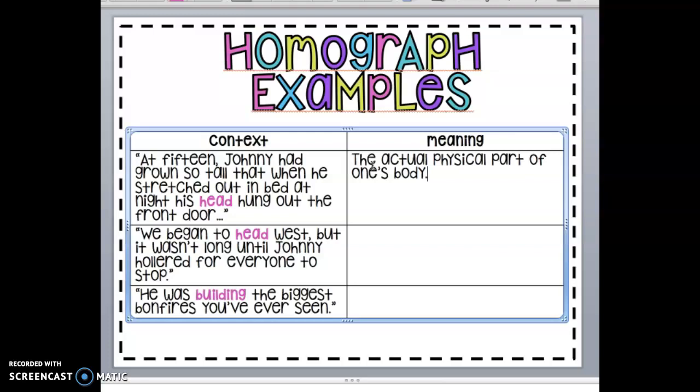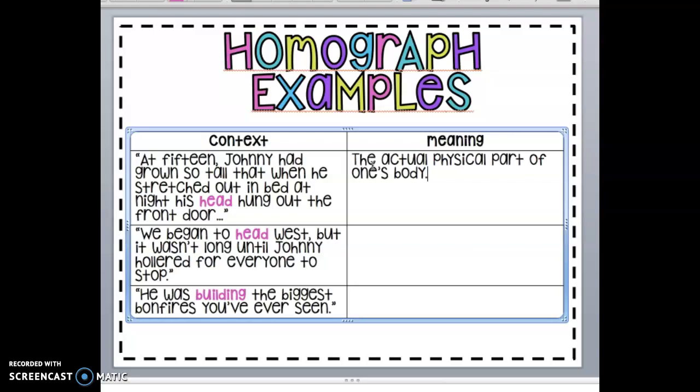Let's look at our second example. This example is really great because it also uses the word head in the sentence. Pay attention again to the context that's surrounding the word head. We began to head west, but it wasn't long until Johnny hollered for everyone to stop. So we are again looking at the homograph head, and if you remember, homograph, it's a multiple meaning word.